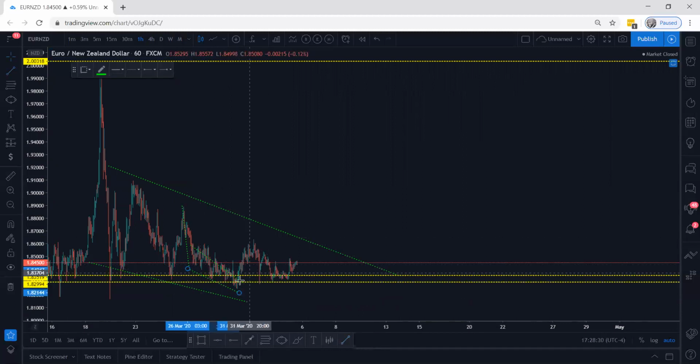And price reversed to the upside and is now correcting. And pulling back into that area.